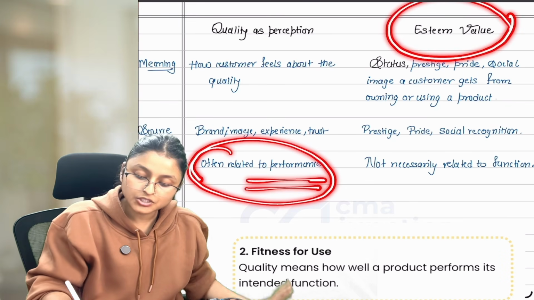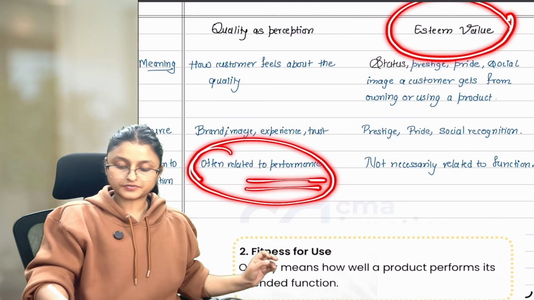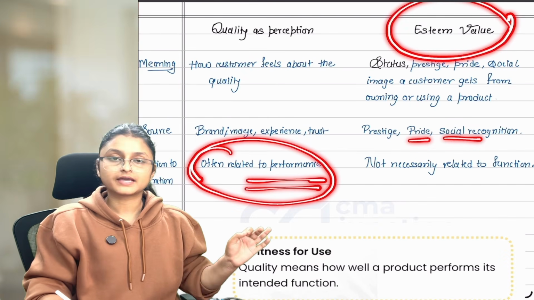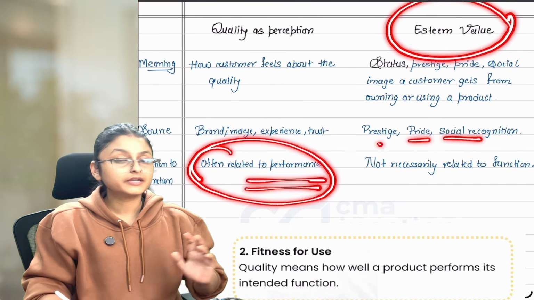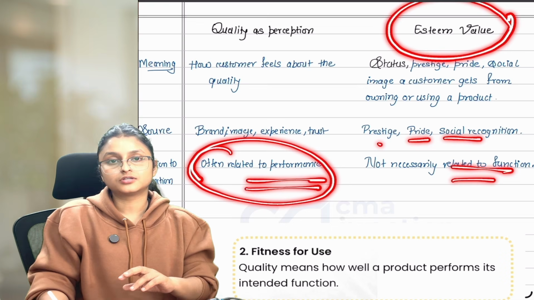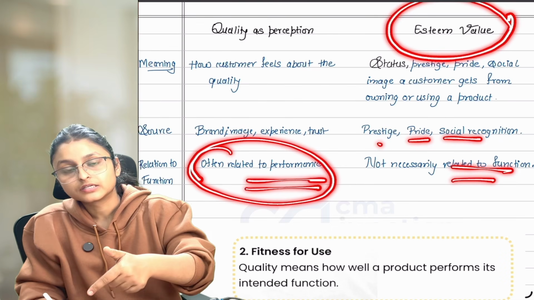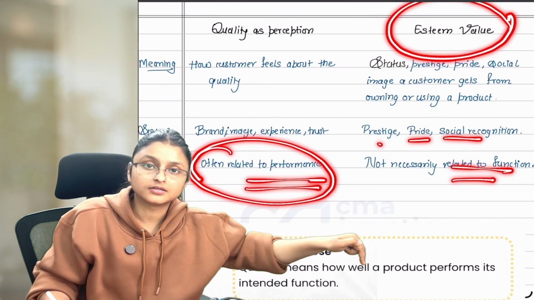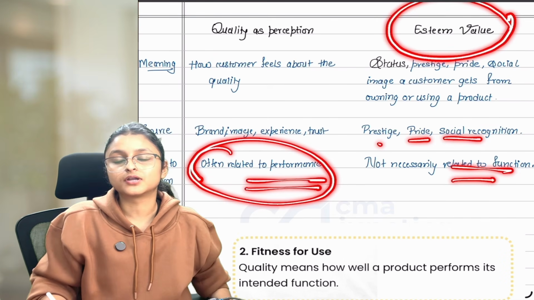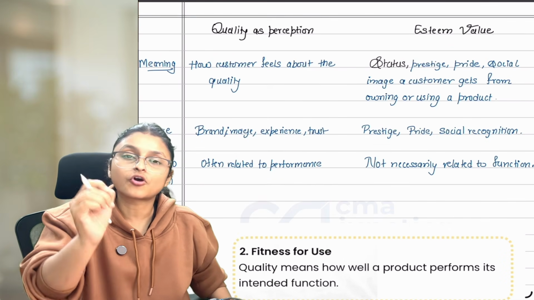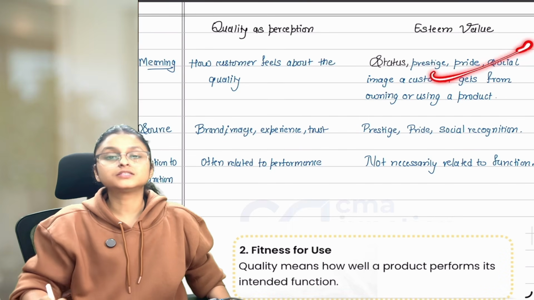But esteem value always comes from status, pride, and recognition. It is not because of the function. Like, I am choosing Mercedes for status. I'm not looking at its quality. I'm not saying it's a quality product. I'm just saying it's for my status. Then that is esteem value.